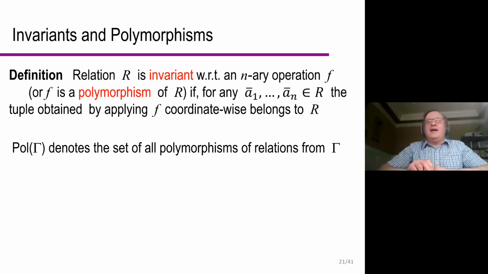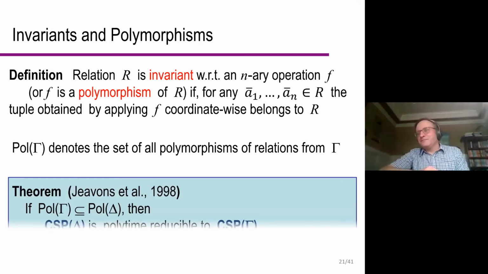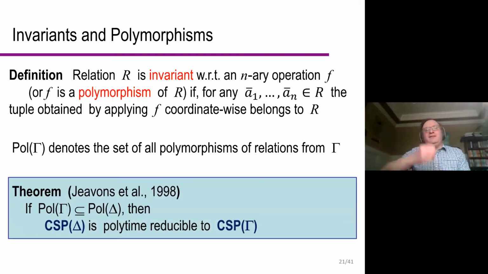Okay, why are polymorphisms interesting? They are very important for the CSP for the following reason. If I have 2 CSP problems, CSP of delta and CSP of gamma, so delta and gamma are 2 constraint languages, and I know that every polymorphism of gamma is also a polymorphism of delta, then I know that CSP of delta is easier.